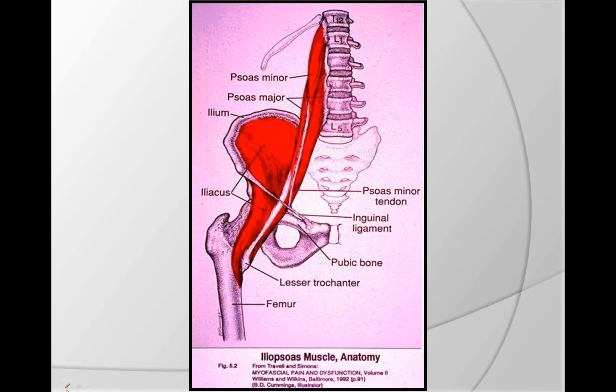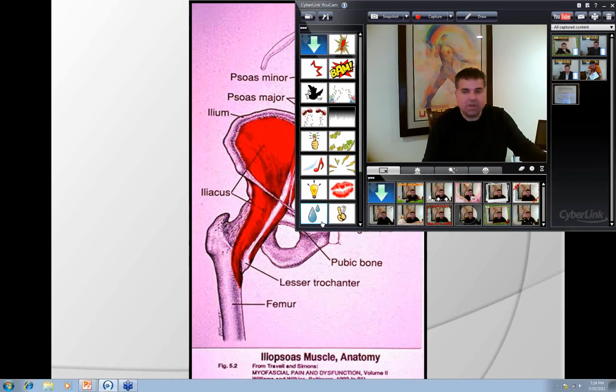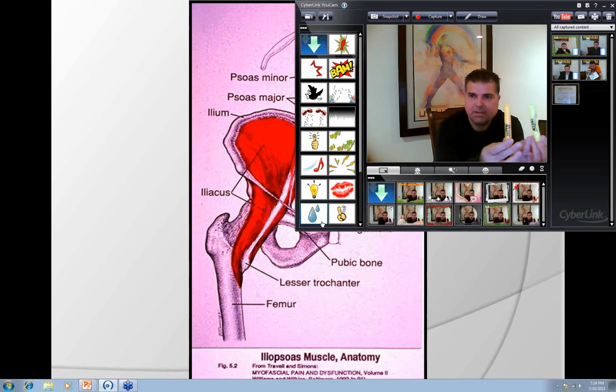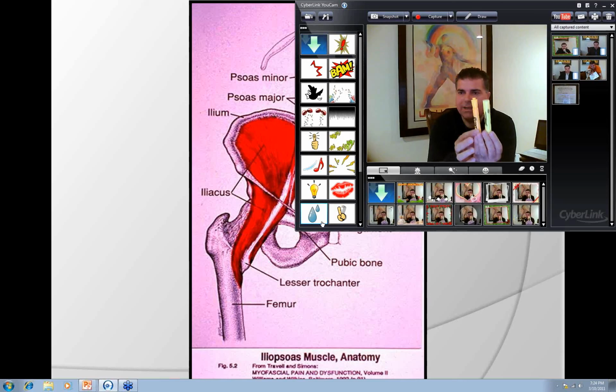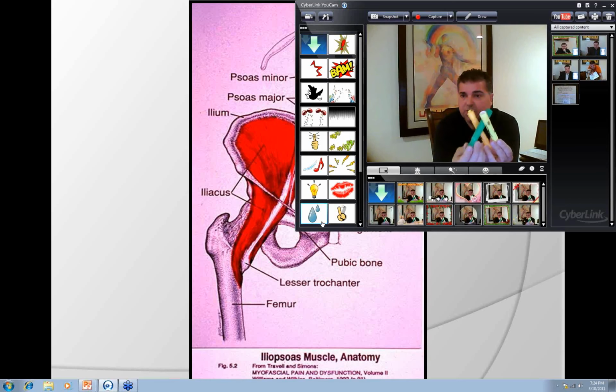I'm going to show you, I have some props here for you. If we consider that this is the iliopsoas muscle and this is the inguinal ligament, this is the lateral femoral cutaneous nerve, so it will be passing between the two.